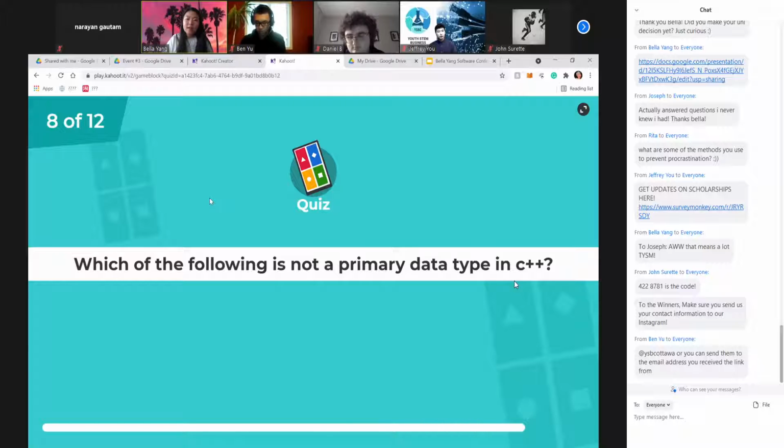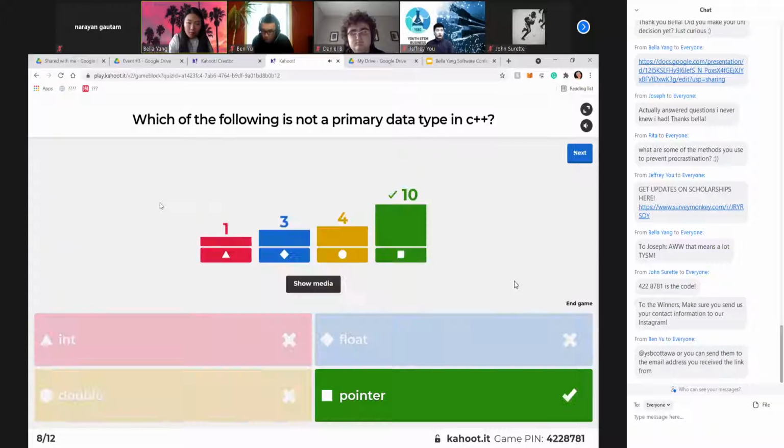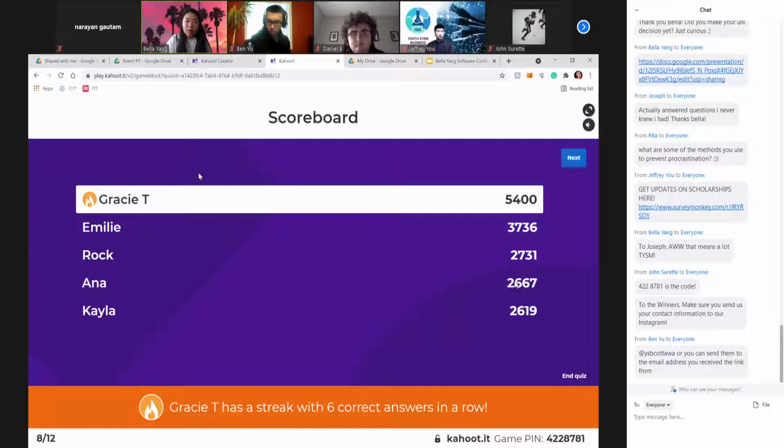Which of the following is not a primary data type in C++? Okay, so integer, float, and double, they're all primary data type in C++. Pointer is not. Sheesh is coming up.